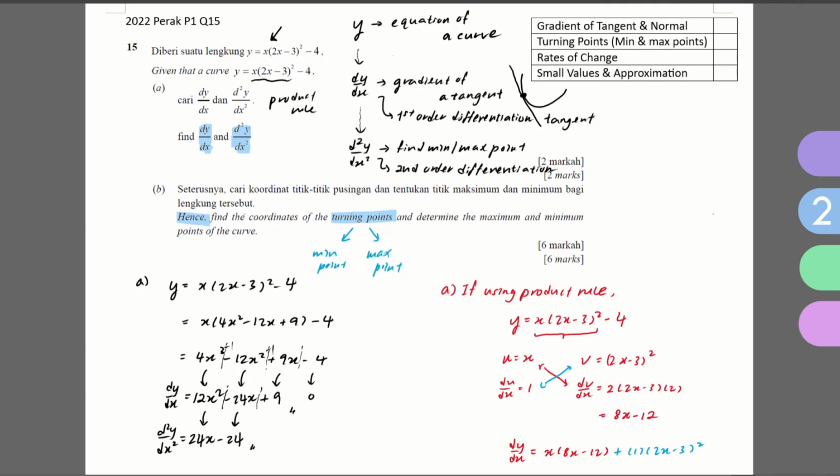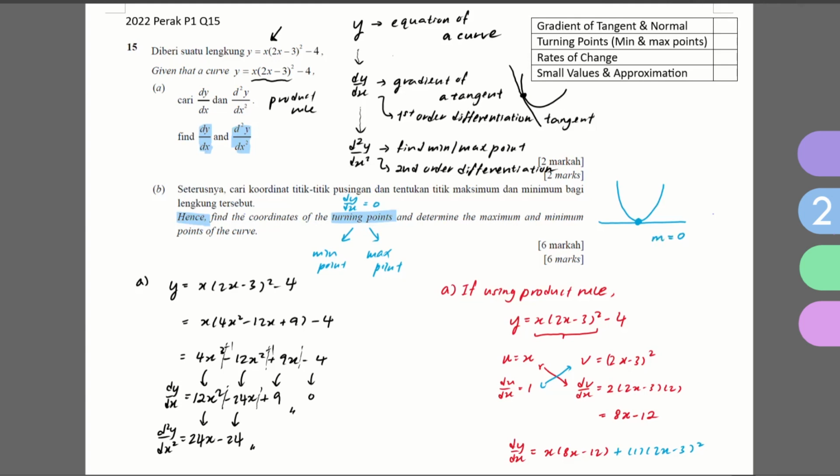So how do we find the turning points first? We can use a concept which is dy dx equals 0. The reason is that if I draw a curve here, and this is its minimum point, and I draw a tangent across this minimum point, you can see that the gradient of the tangent is 0.